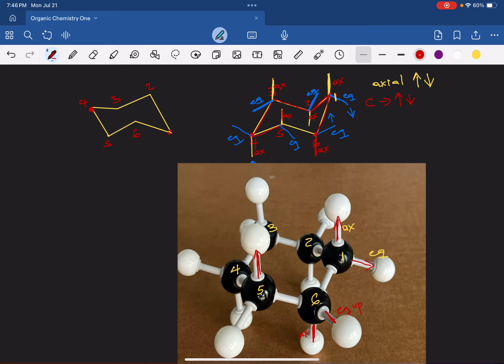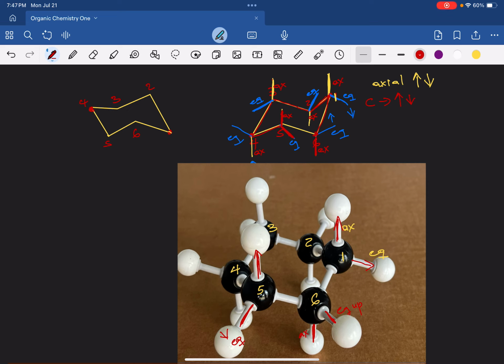This is your axial bond here on carbon 5 in the 2D. Your equatorial bond, this is your equatorial bond here, right? This is equatorial down.